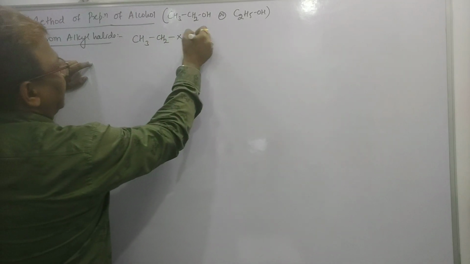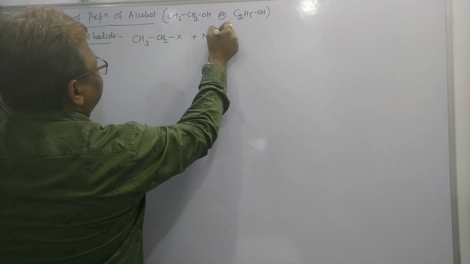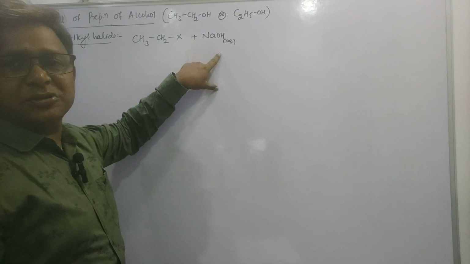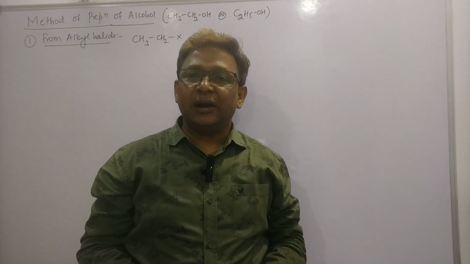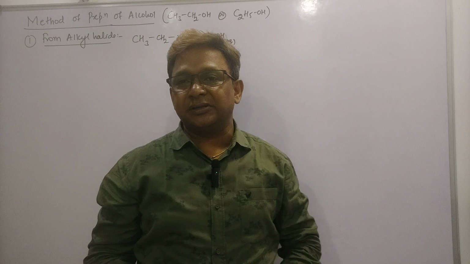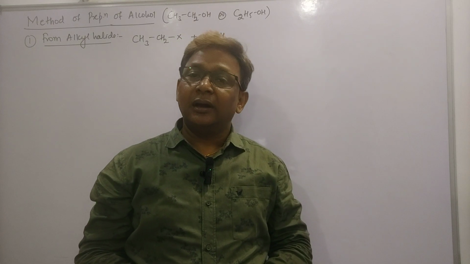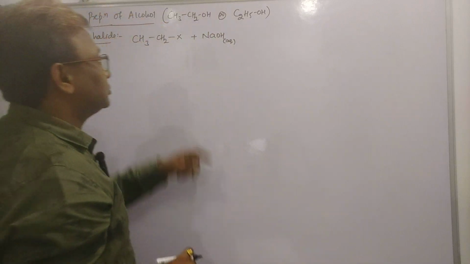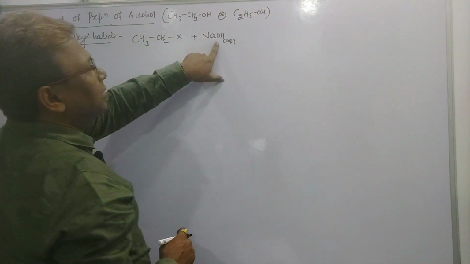This is the alkyl halide. Whenever it is treated with aqueous NaOH, what is the difference between aqueous NaOH and alcoholic NaOH? Aqueous NaOH will show the substitution reaction, but alcoholic NaOH, beta, will undergo the elimination reaction. So aqueous NaOH will form a nucleophile.